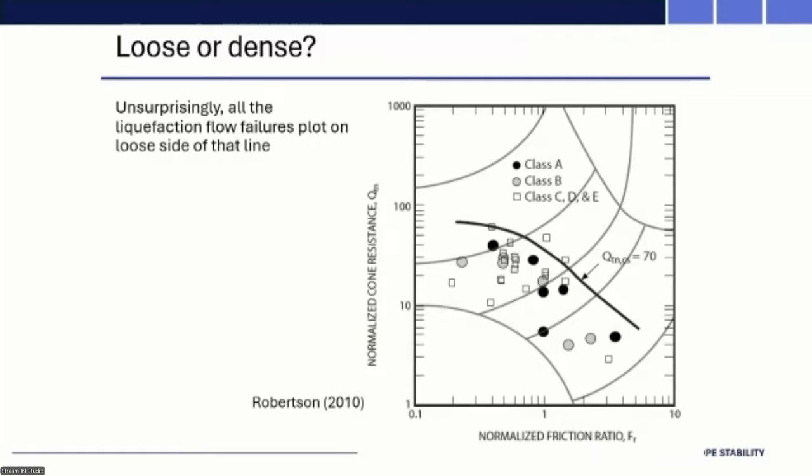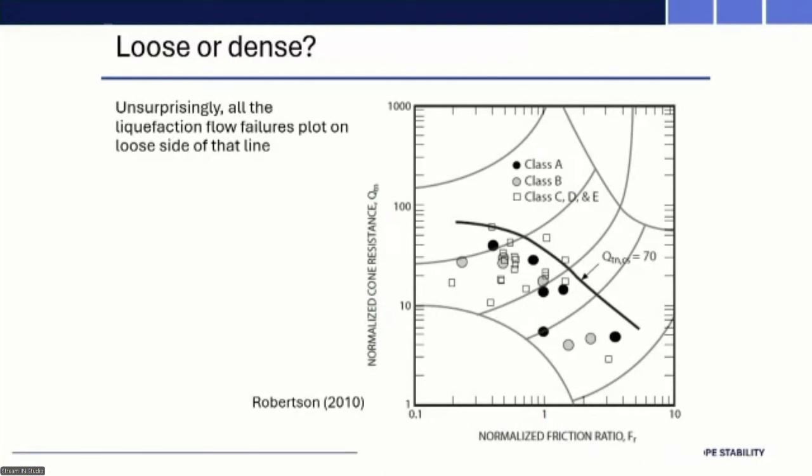A lot of the liquefaction results where there's actually been a flow failure, or a true run-out type failure, have plotted below that Q of 70 value.